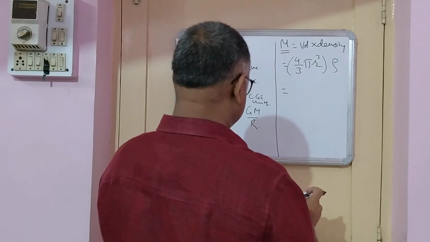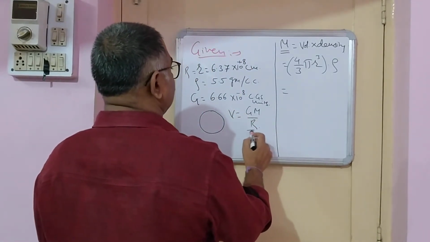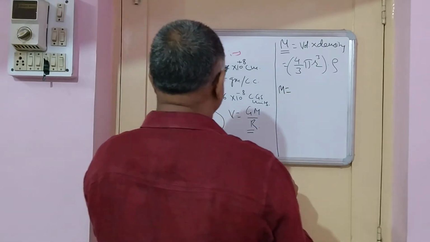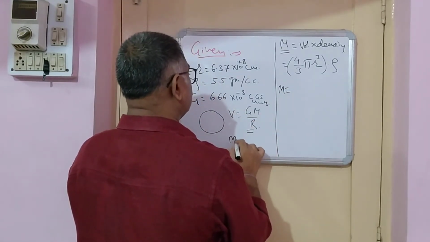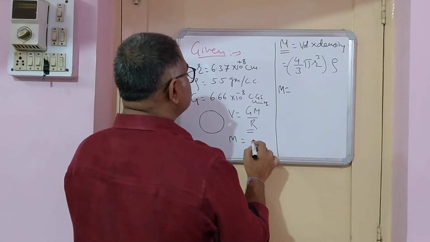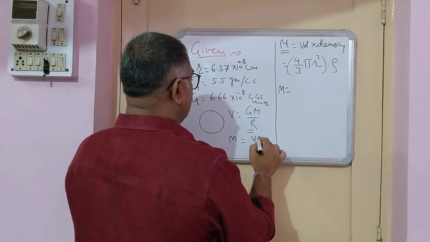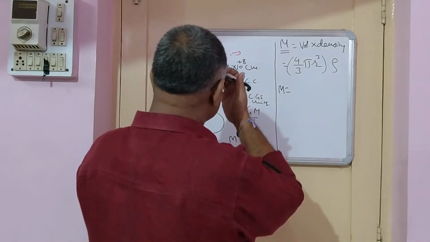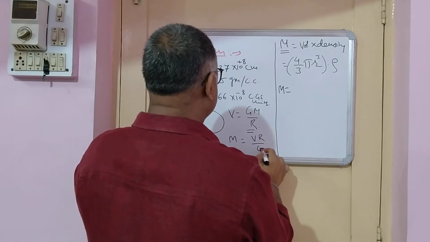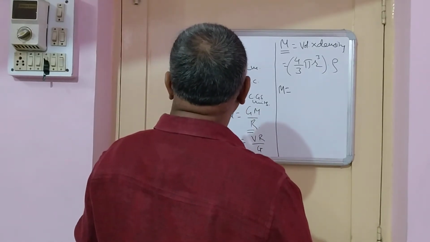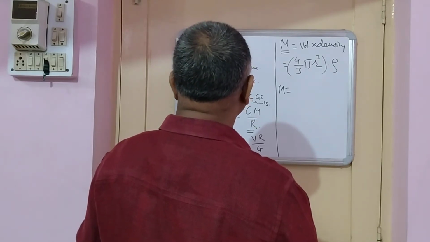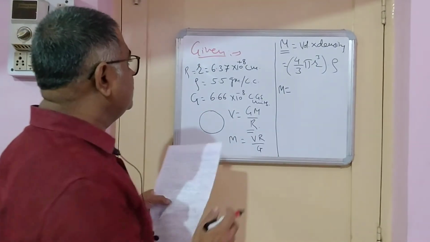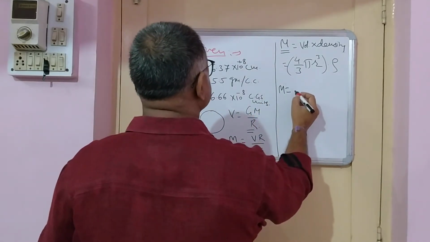M equals V R upon G, where the value of G is 6.66.